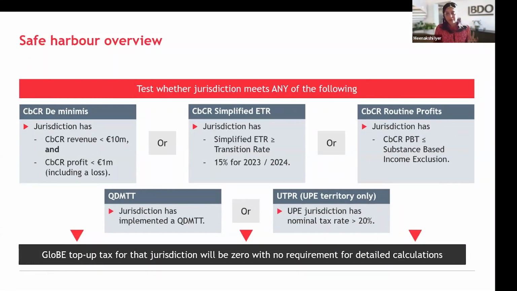So for example, if you have a group with a US headquarter company and a UK subsidiary, the UK subsidiary can get away with not applying the UTPR up to 31st December 2026, as long as the nominal tax rate of the UPE is greater than 20%.